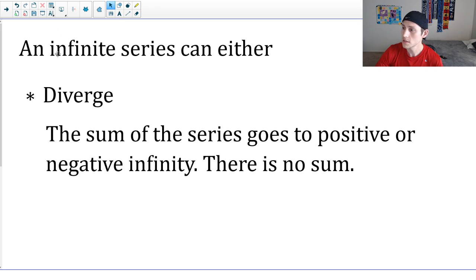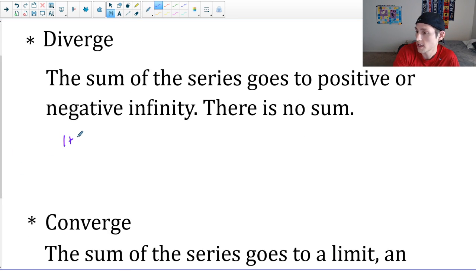So let's talk about an infinite series. An infinite series can do one of two things. It can diverge. That means the sum of the series goes to positive or negative infinity. It means there is really no sum. We can imagine something simple, like 1 plus 2 plus 3 plus 4 plus 5 plus 6, and I just keep doing that forever.